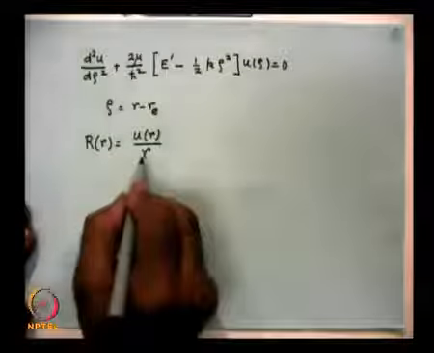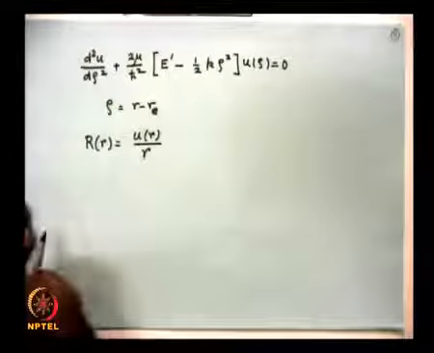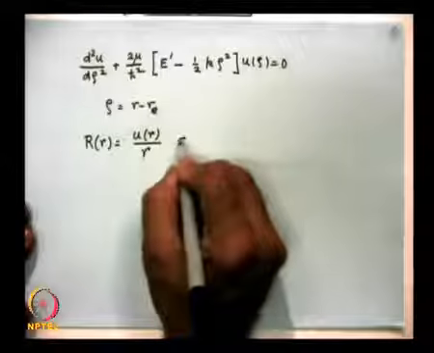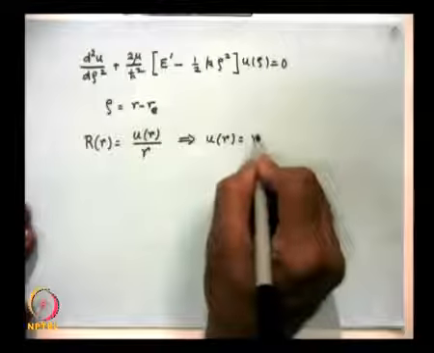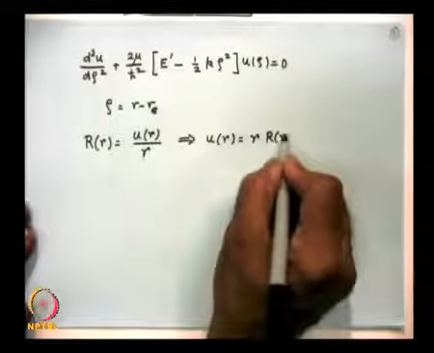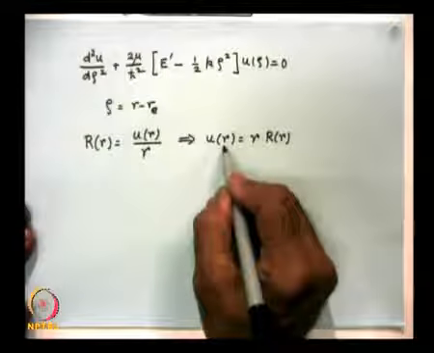And so, for R of r to be finite at r equal to 0, u of r must be 0 there.